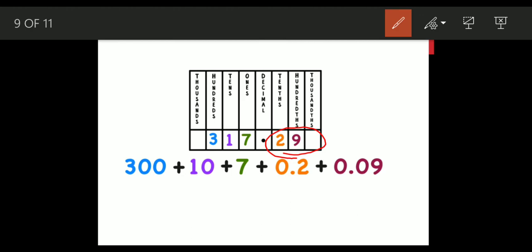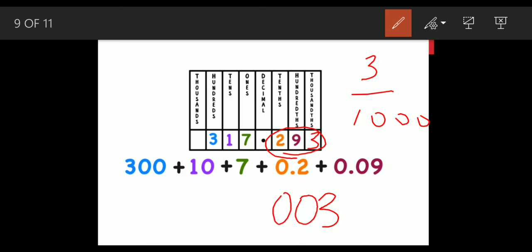Suppose you have another number like 3 in the 1000th place, how will you write it? 3 by 1000, which means what? Because I have 3 zeros, before 3 numbers I need to keep the point, but I have only one number, so what should I put? I should put 2 zeros before. Now it has become 3 numbers, but the value is still 3 only.